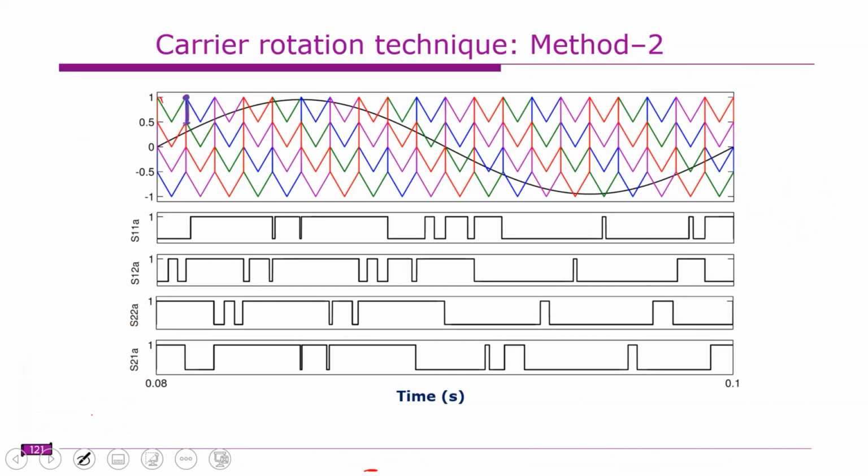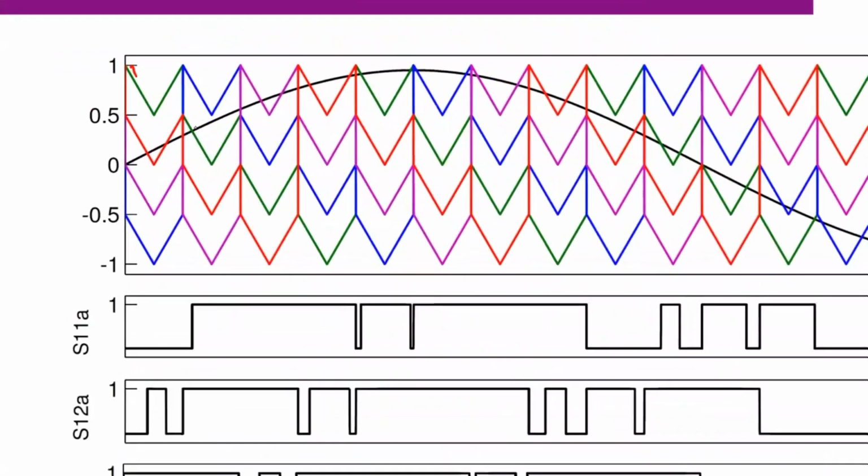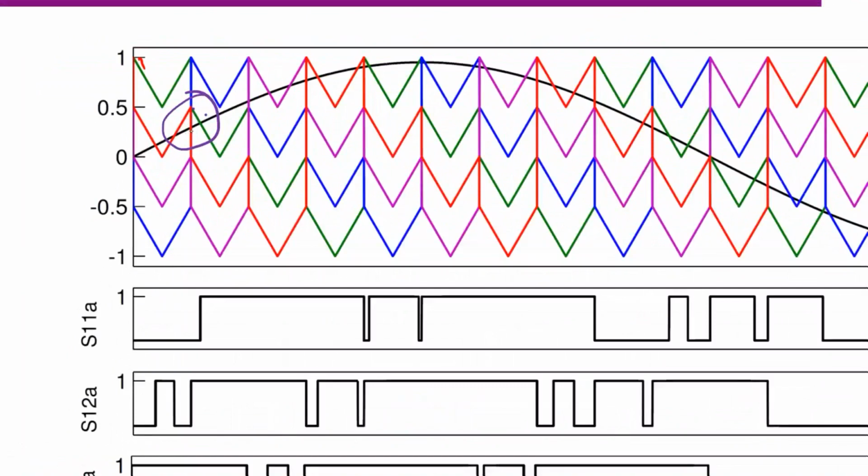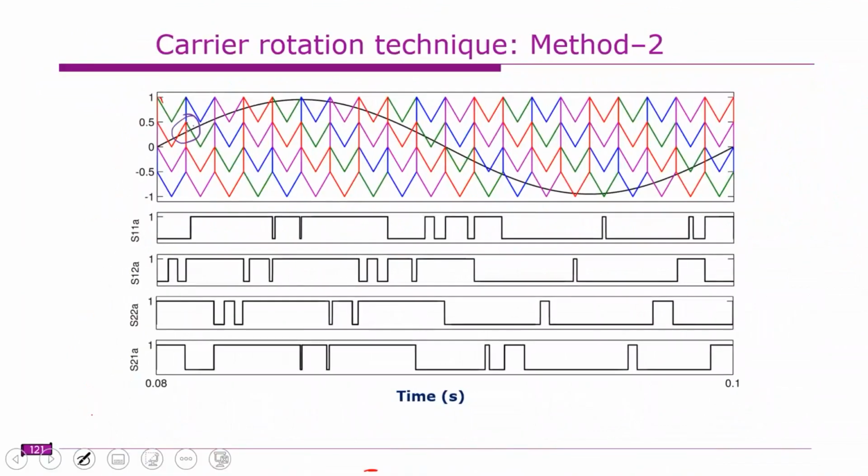So sometimes there will be some narrow pulses. For example, if you notice this red one, at this particular area, focus on this area.